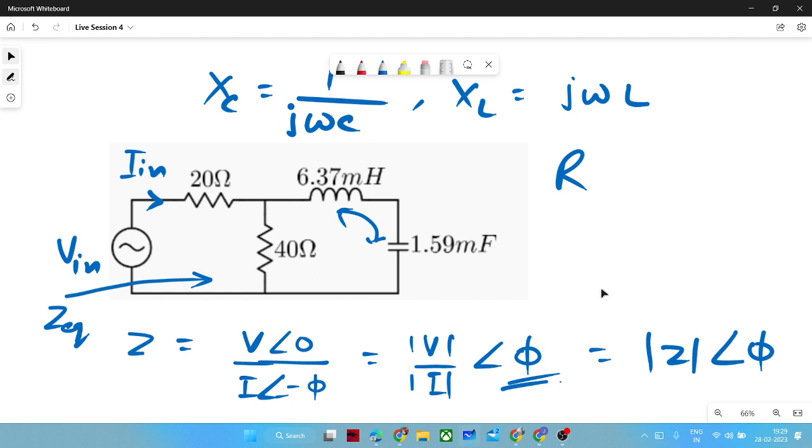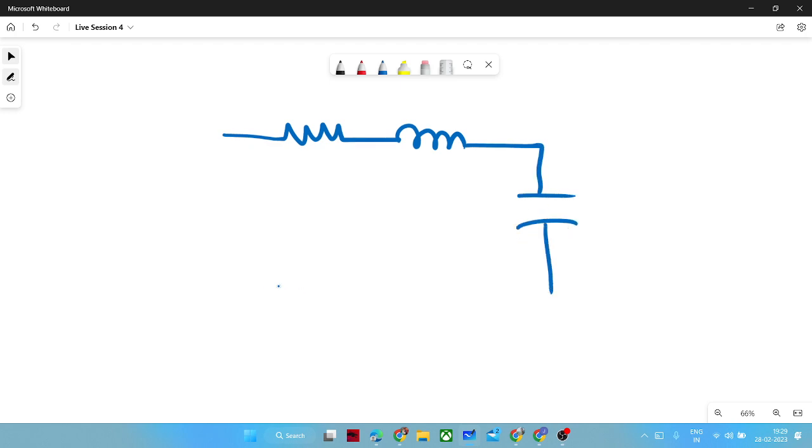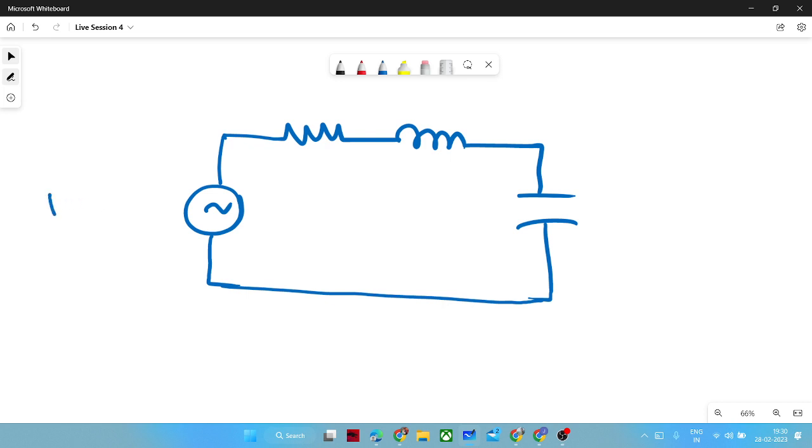Okay, okay. So I will take a circuit, series or parallel circuit. If you have this kind of circuit with R, L, C, then generally it will be fed with a sinusoid. So let us suppose Vm sin omega t, and current will lag, that will depend on the circuit.